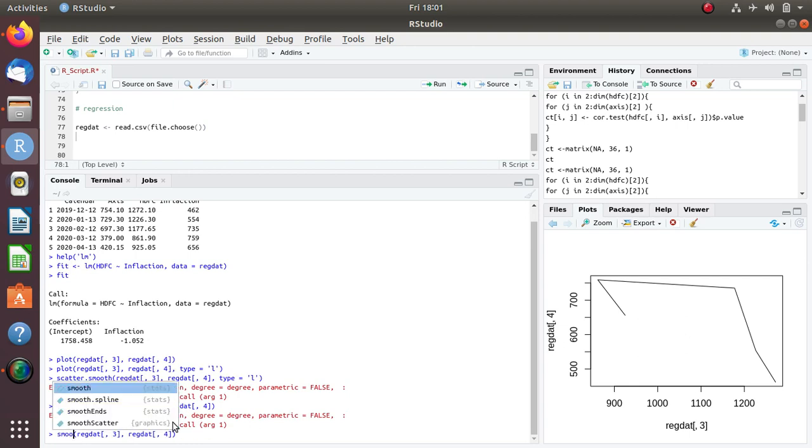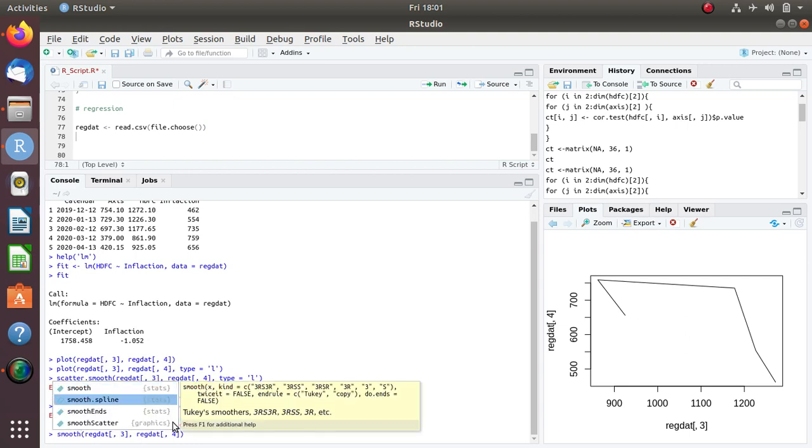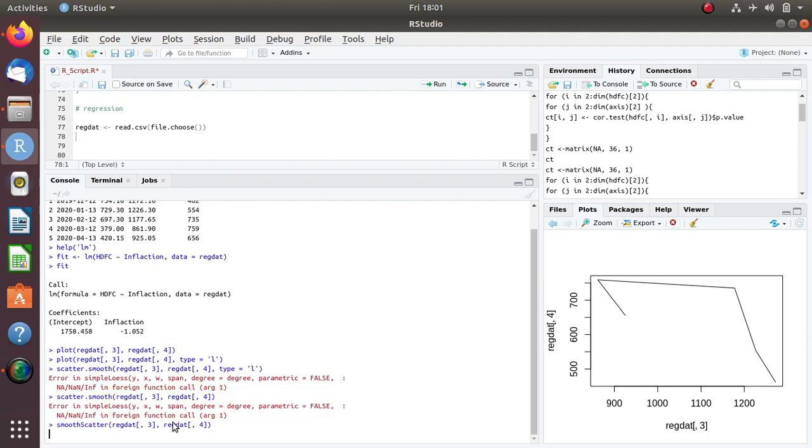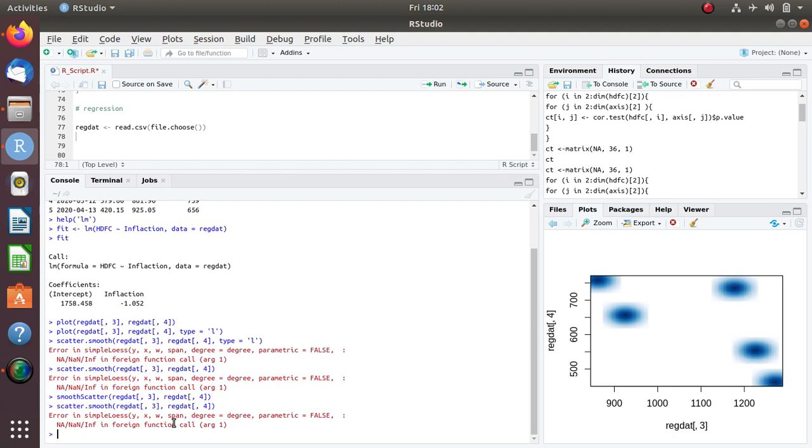Smooth scatter? No, it's not smooth scatter, I guess. This is scatter smooth. I don't know, scatter smooth is not working. Why is scatter smooth not working?